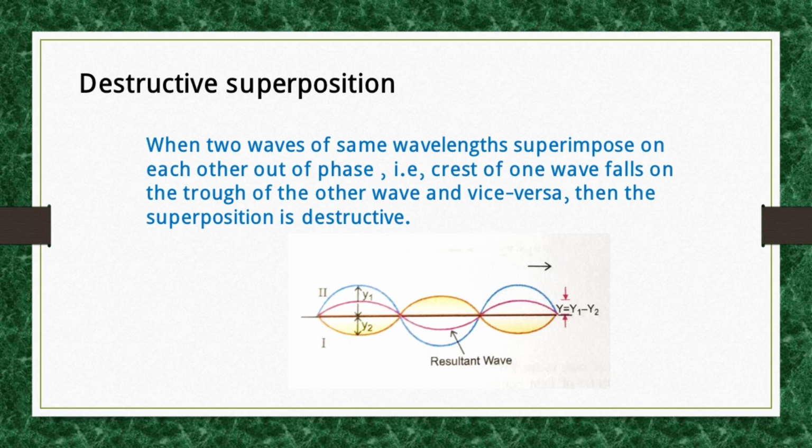Destructive superposition: when two waves of the same wavelength superimpose on each other out of phase, that is, the crest of one wave falls on the trough of the other wave and vice versa, then the superposition is destructive.